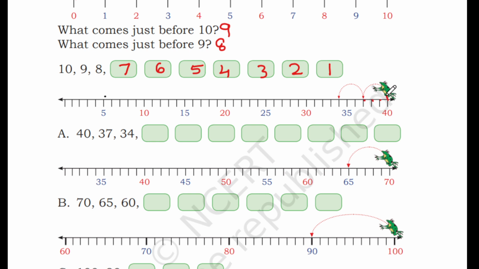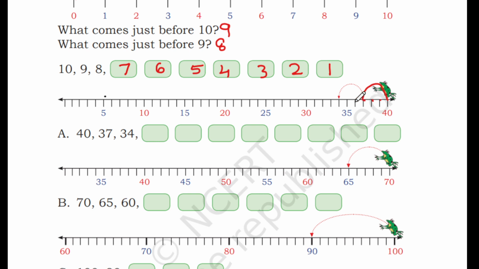So the frog jumps backwards from 40. If you count the numbers backwards, 40 to 39, 39 to 38, 38 to 37. Okay. So it's 3 steps. So 1, 2, 3. Okay.